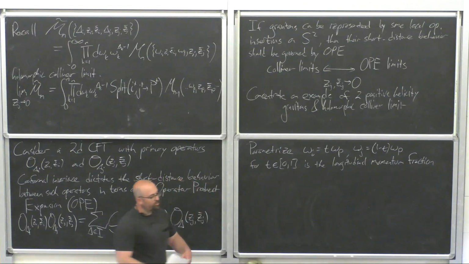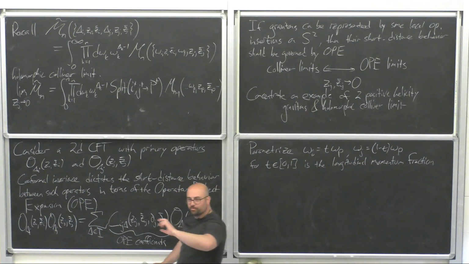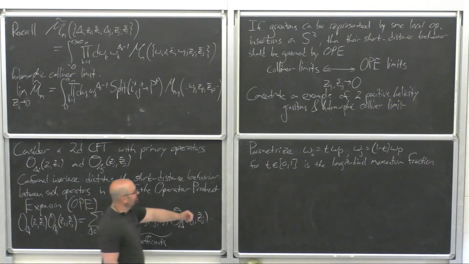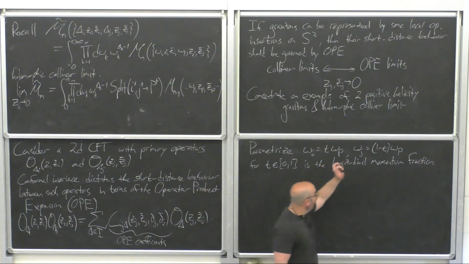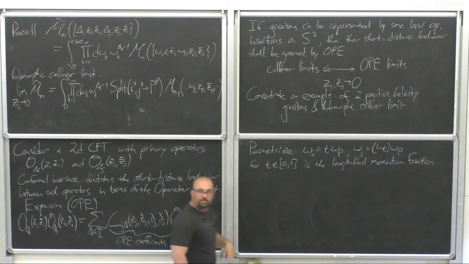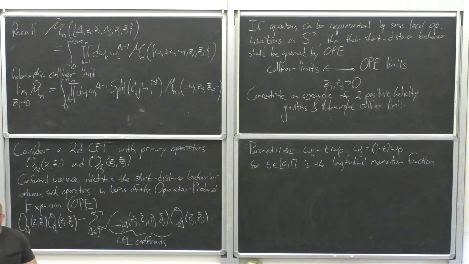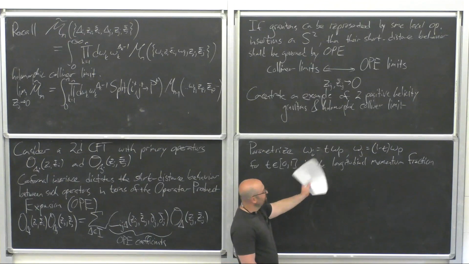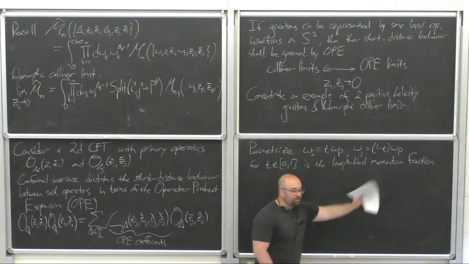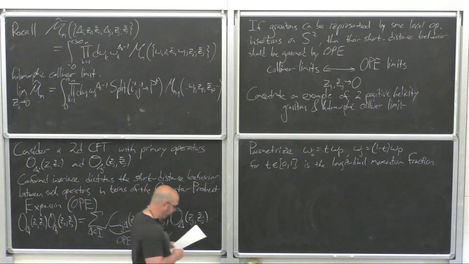Right, so the point is that omega i plus omega j is always equal to omega p, but we can parameterize how much of it I should think of as being in omega i and how much of it I should think of as being in omega j. And so then we can trade the Mellin integrals over omega i and omega j for an integral over this momentum fraction and a Mellin integral over omega p. Okay, so it's just a change of variables.